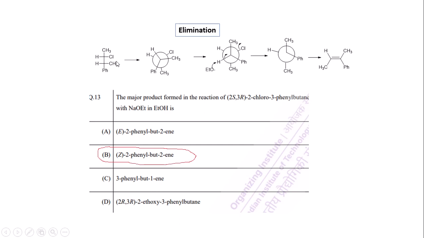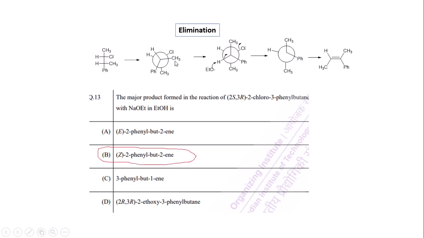Hence the given problem is the major product formed in the reaction of 2S,3R 2-chloro-3-phenyl butane with sodium methoxide in ethanol. The substrate is the erythro substrate. Here the 2S means this chlorine group is the 1 and this group is the 2 and this is the 3 and this is the 4. So 1, 2, 3 is the clockwise rotation, and clockwise rotation should be S. So this is the 2S and this is the 2,3R configuration.